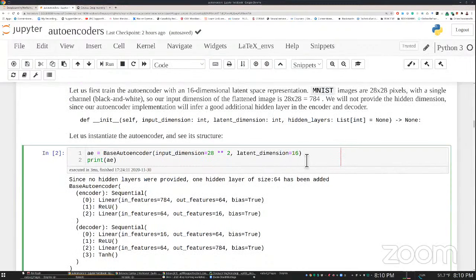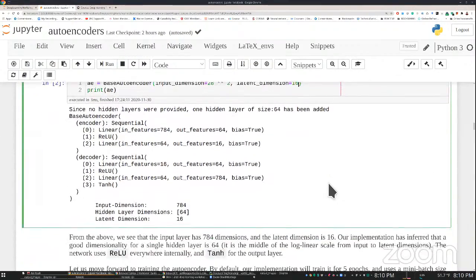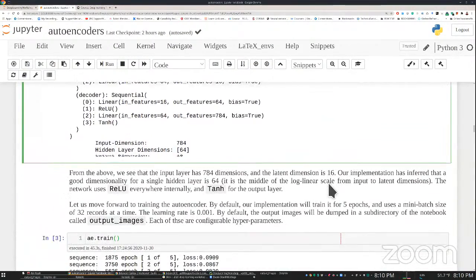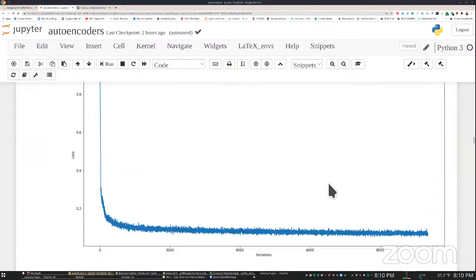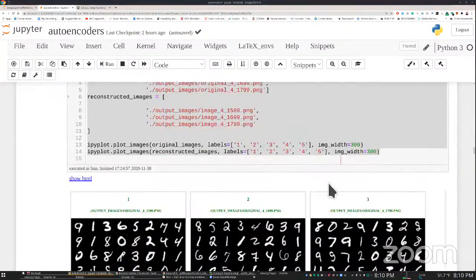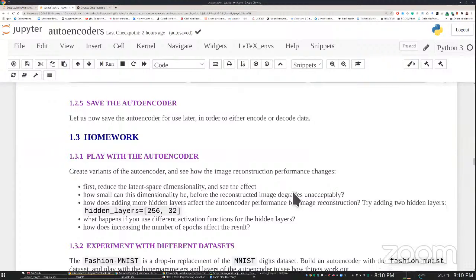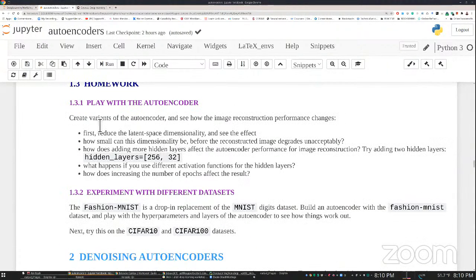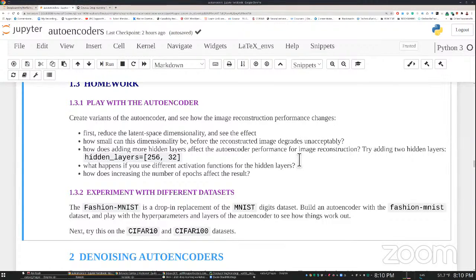Make it 4, make it 3, make it 2, see what happens. Make it 5, 8, see how it varies. Then see how much it degrades your images. The next thing you do is, how about adding more and more hidden layers?